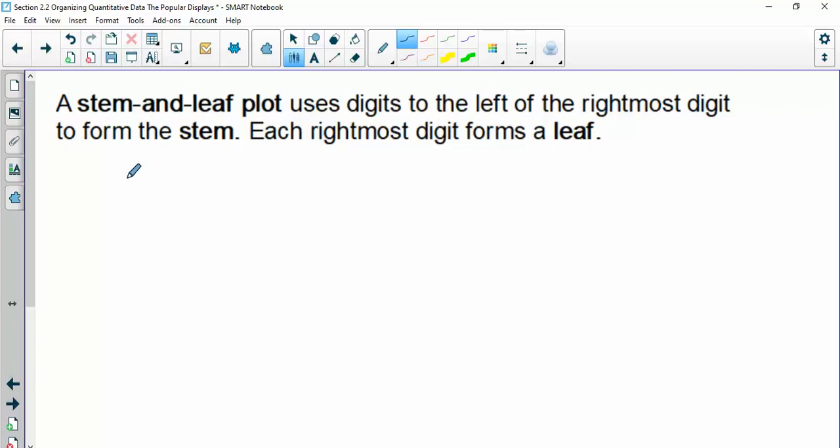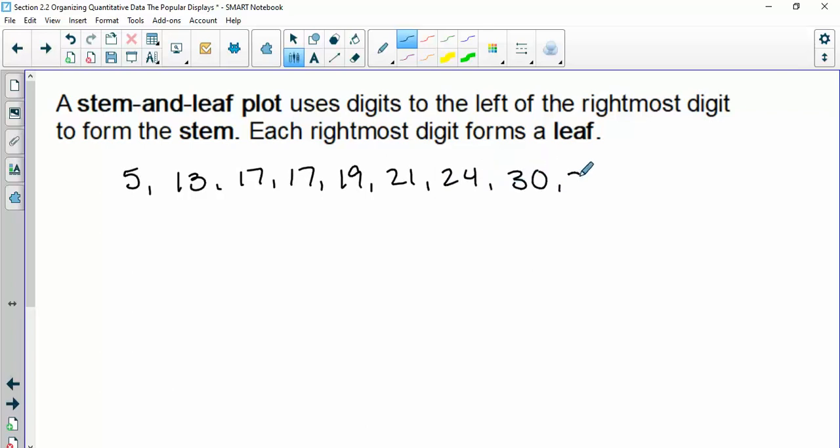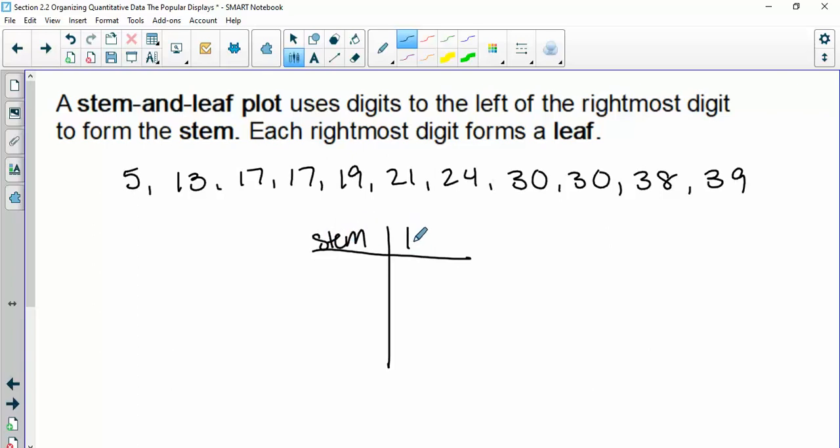But if I took some data, let's say I had points 5, okay. If I were going to turn that into a stem and leaf, the stem is like my 10s digit, okay?